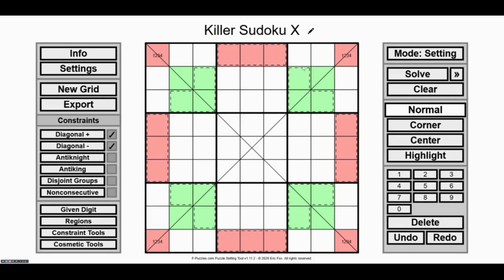Still the green cell sums to the same as the red cell, but now I don't know what these four cells sum to. So I feel this is a little bit nicer than giving a four-cell cage.